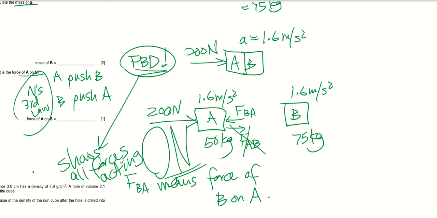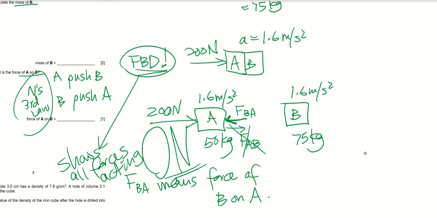A is pushing B, but because I'm drawing the free body diagram of A, I will not draw the force that A acts on B on herself. But you know that when A pushes B, B is pushing A back. So I will have this force that B exerts on A, because a free body diagram shows all forces acting on the object. Now come to B.